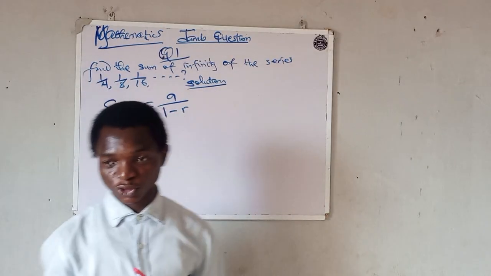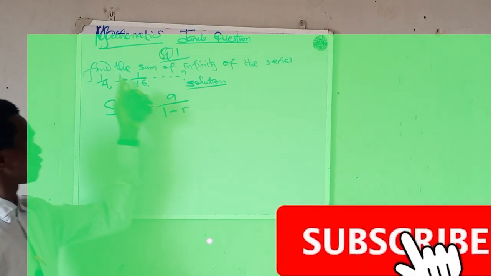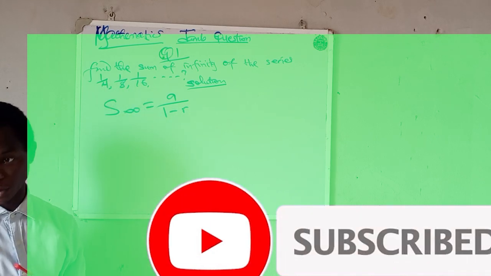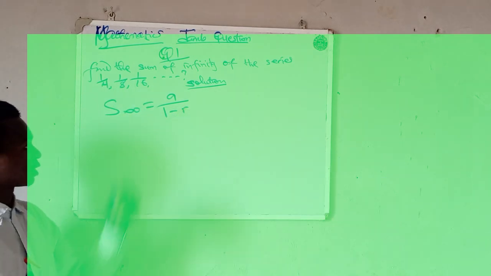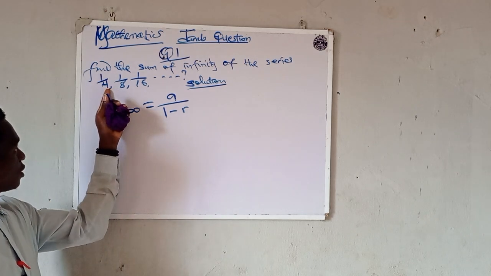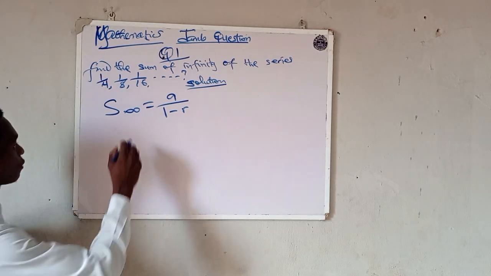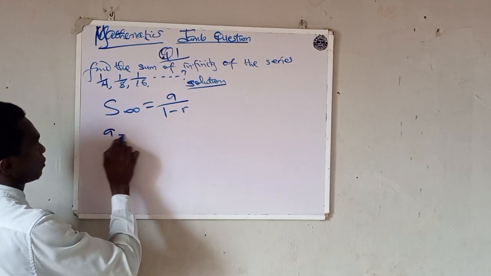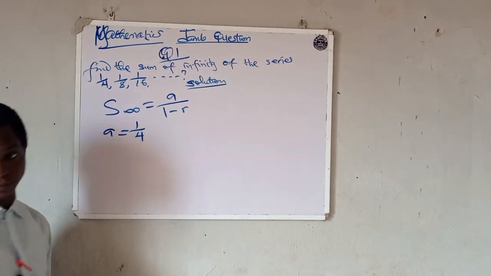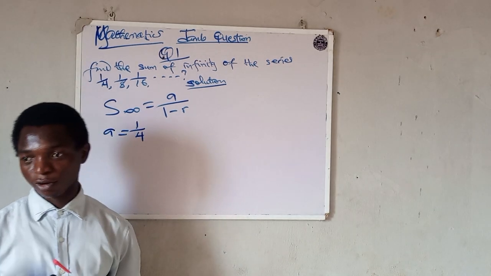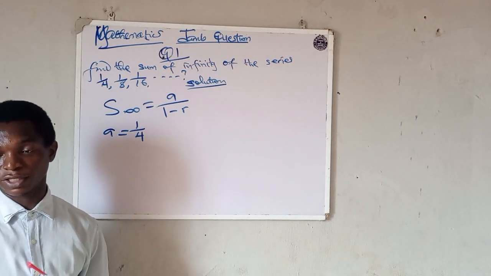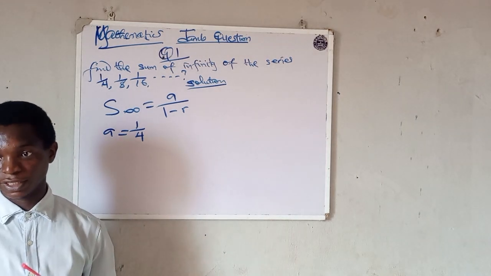So we identify our A, which is the first term of the series, and our R, that's the common ratio. From the question, we have A as 1/4. How do we get the common ratio? To get your common ratio, you divide a term by the term preceding it.